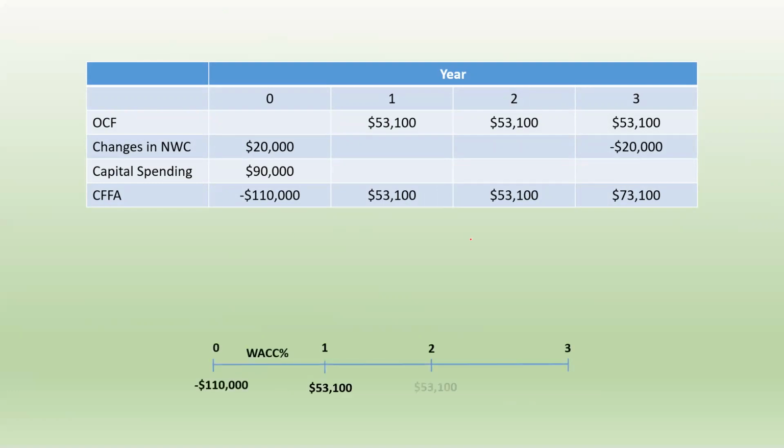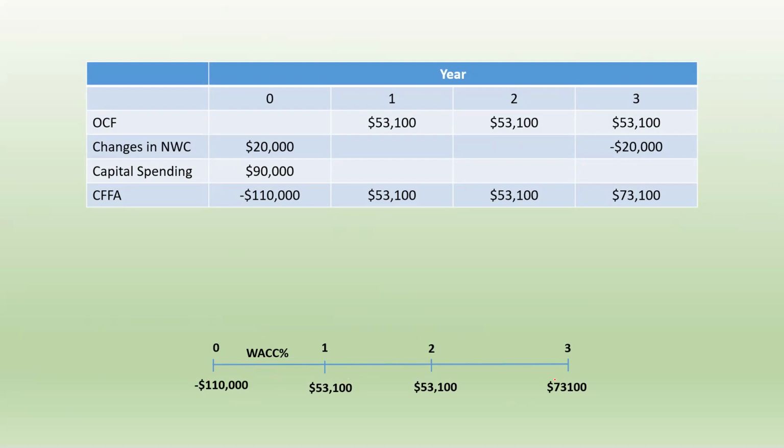So we plot a timeline. That's the cash flow for the project. At t equal to 0, you invest 110,000. At t equal to 1 and 2, the cash flow is 53,100.